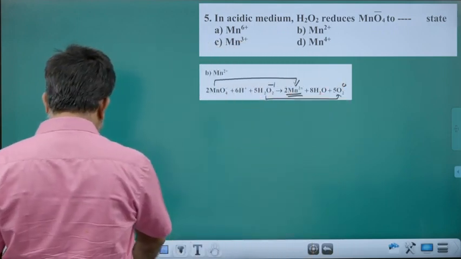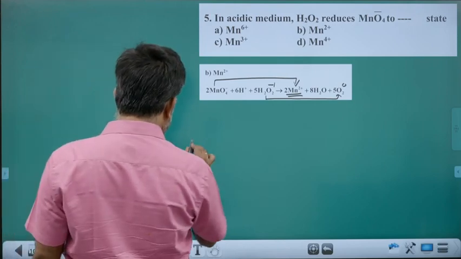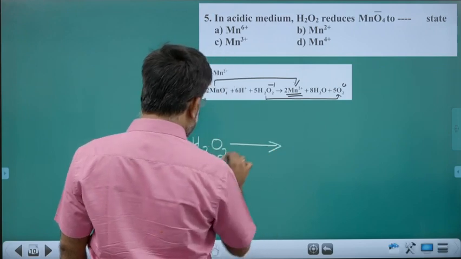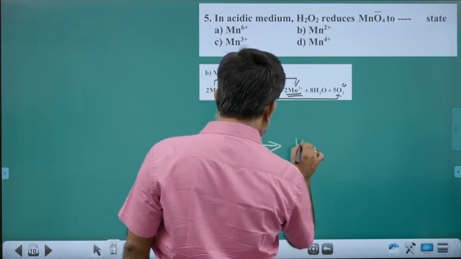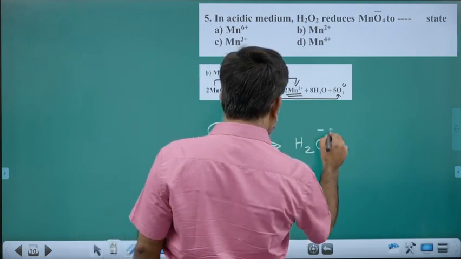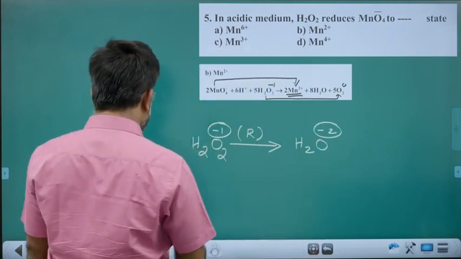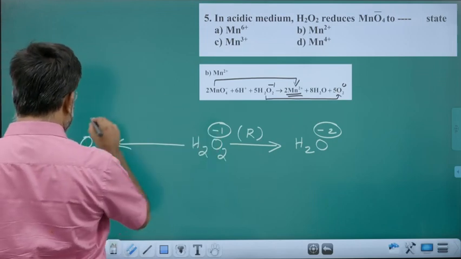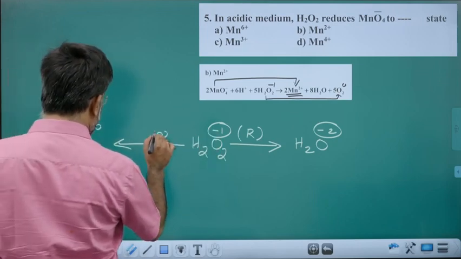Suppose H2O2 undergoes reduction, what is happening? H2O2 undergoing reduction will be converted to H2O, where minus 1 switches to minus 2. While H2O2 undergoing oxidation, you will get oxygen, where minus 1 converts to 0.